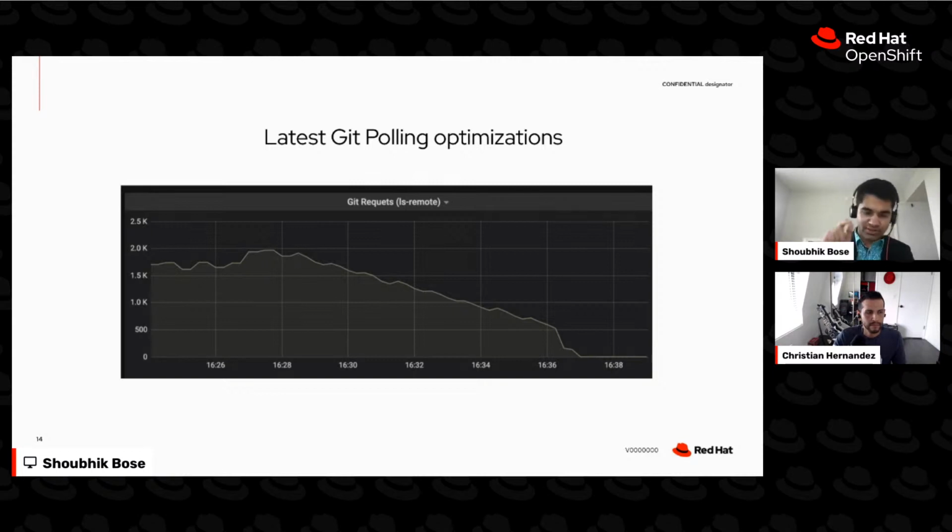What that means is if Christian is using the same Git repo as I am, we just poll it once to know whether something has changed, not what has changed. That's Git ls-remote. Previously, we used to do it per application CR. So if there are 10 application CRs with the same Git repo, it would be done 10 times. But now we see, hey, all those 10 application CRs have the same Git repo. Let's just do it once.